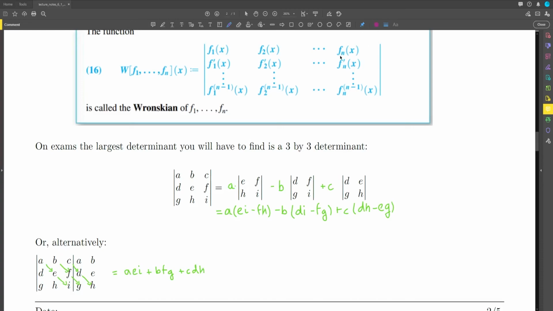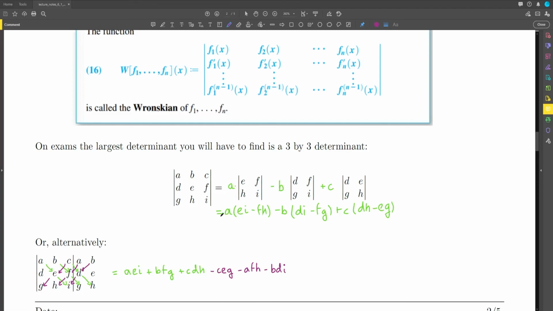And I'm going to do the same thing, but now with the opposite diagonals. So I have C, E, G. I'm going to subtract that, minus C, E, G. And then A, F, H, so minus A, F, H. And then finally, the last diagonal is B, D, I. And you should verify for yourself that when you write this out, you get this expression right here.